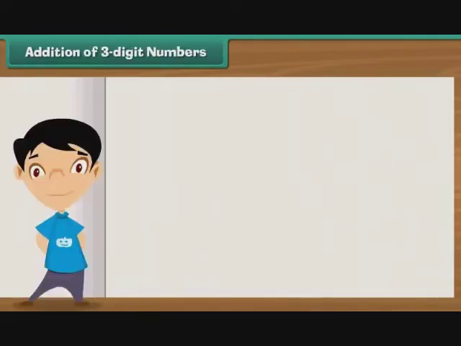Thus, the sum of 25 and 7 can be quickly calculated as 32. Addition of 3-digit numbers. Let us now see how we can simplify the addition of numbers with 3 or more digits. Let us try and add 171, 512 and 405. To simplify the addition, we proceed according to place values.